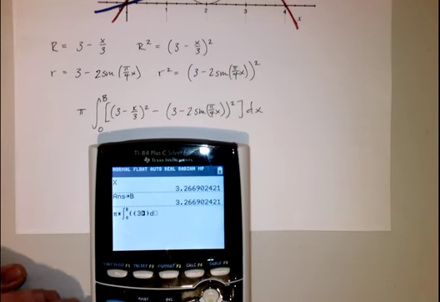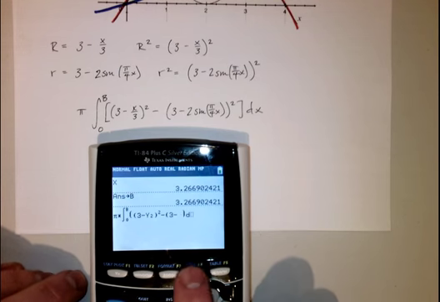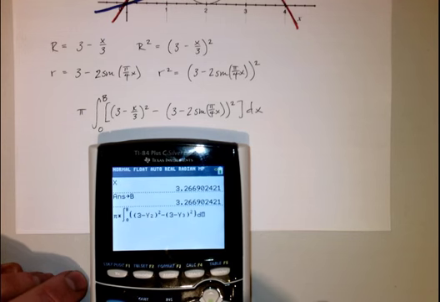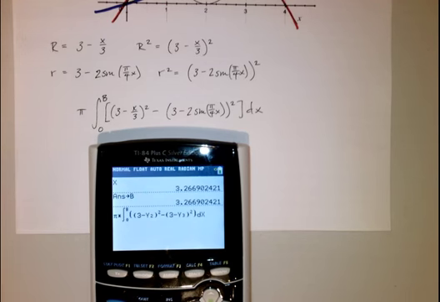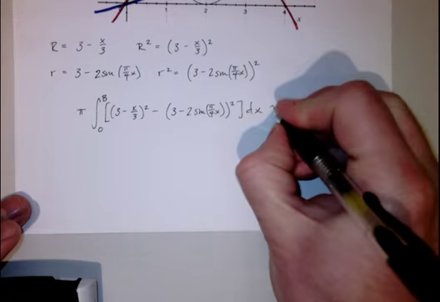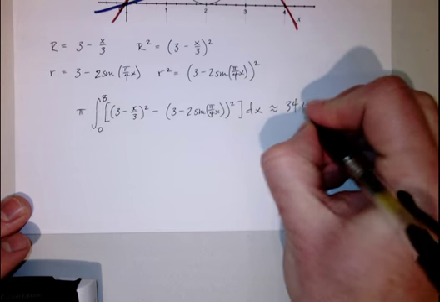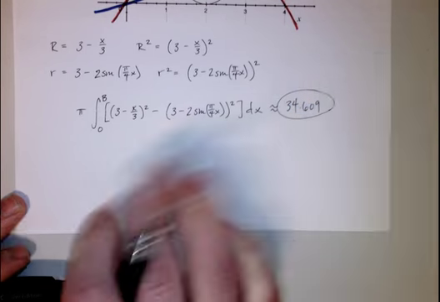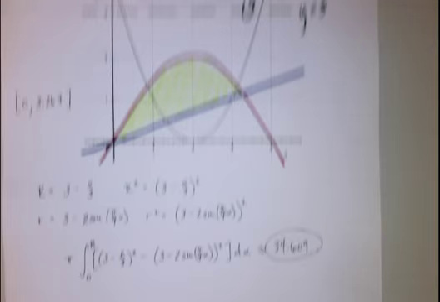I'm going to go 3 minus y2 squared minus 3 minus y3 squared. And then I'm going to do that with respect to x, and it winds up being 34.609. So approximately 34.609 is basically what's going to be going on right there.